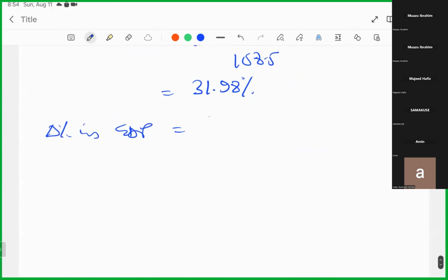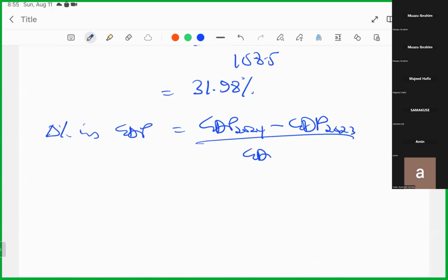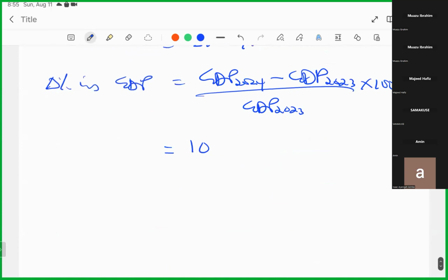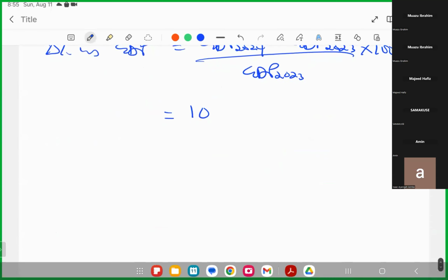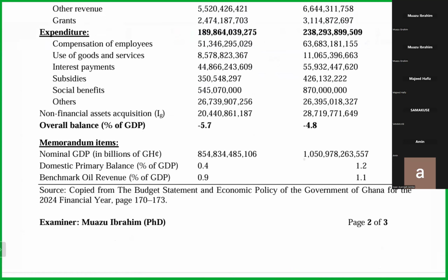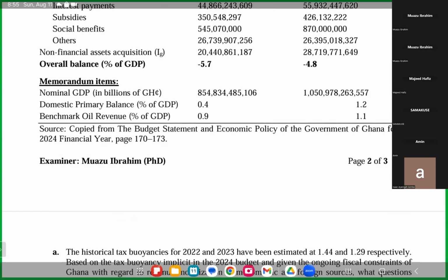So this will also be the GDP for 2024 minus the GDP for 2023, all over the GDP for 2023, times 100. So here, from the question, 1050.9.